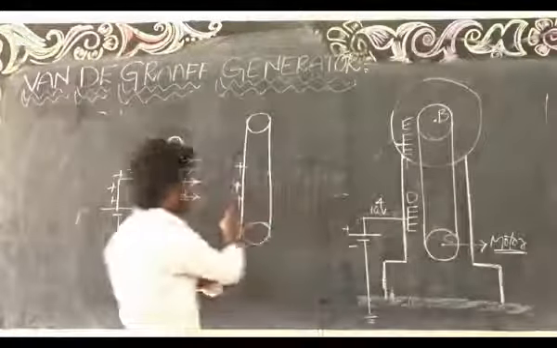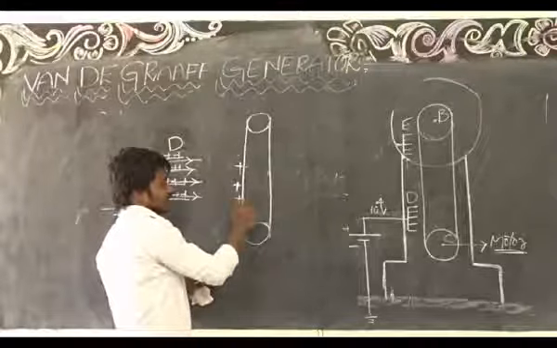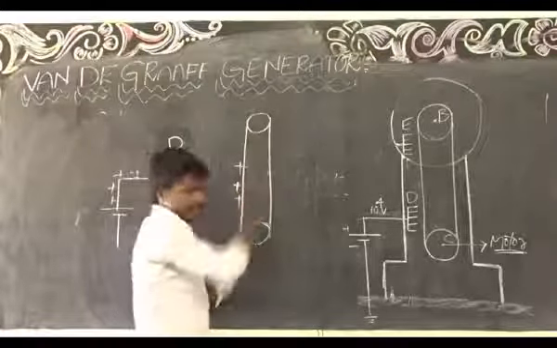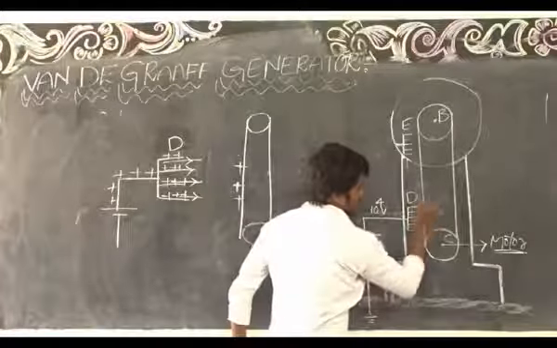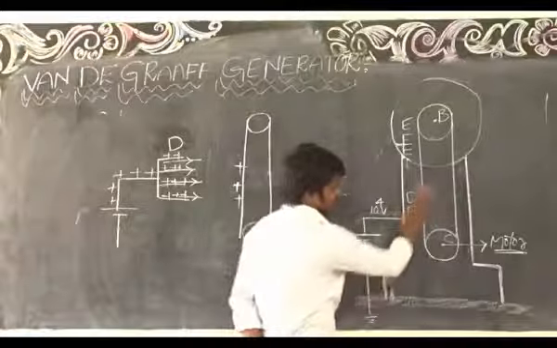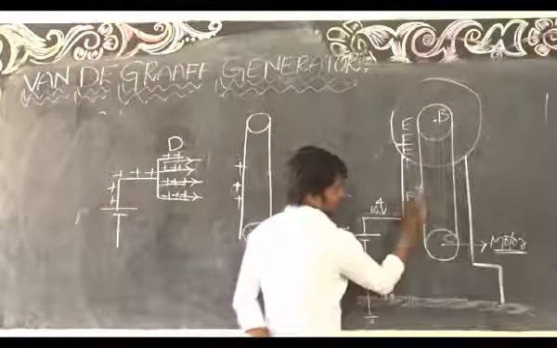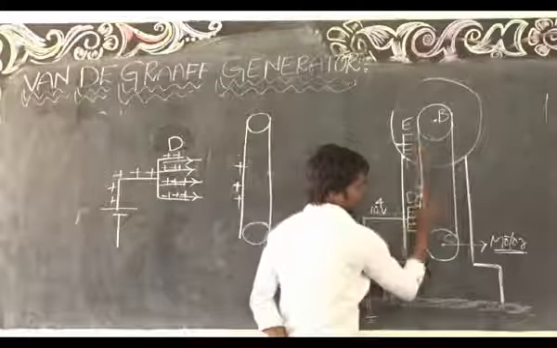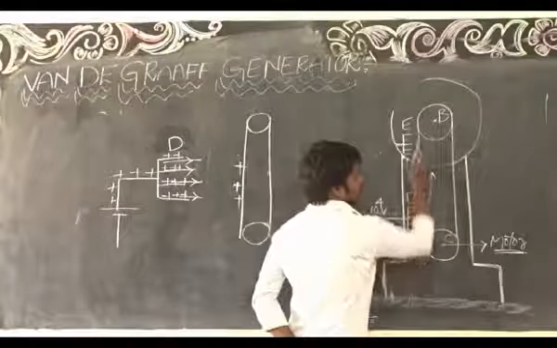Now these positive charges are already sticking to the belt, and the belt is rotating. These positive charges stick to this belt, and the belt moves in the upward direction, so these positive charges move continuously like this.